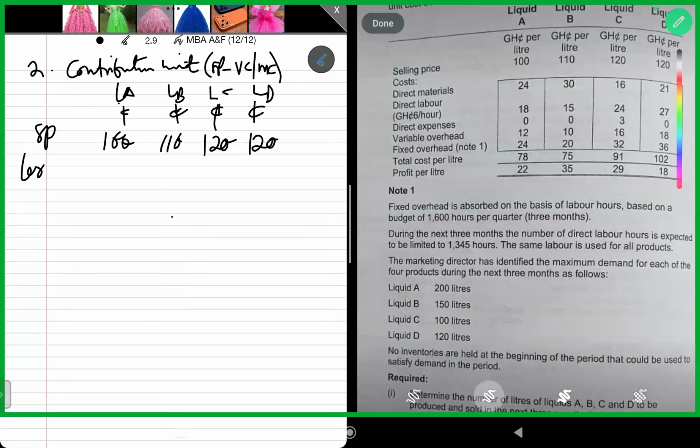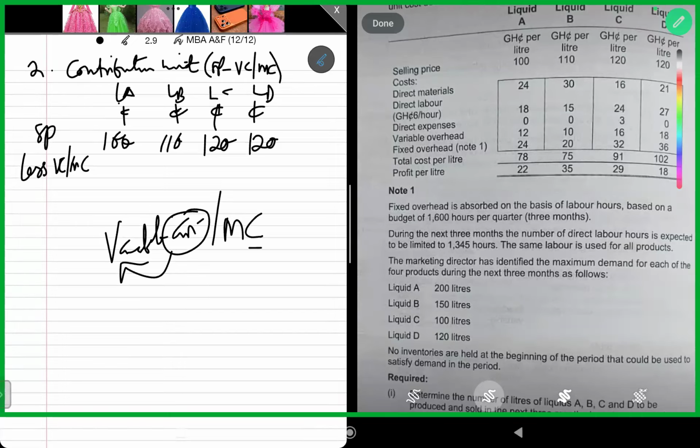Now we will say less variable cost or marginal cost. Variable cost, we learned yesterday, is saying that the cost varies with output. So all the cost data written there, which of them can change when the quantity changes? It's the same as marginal cost. Marginal cost is the cost when we add one more.